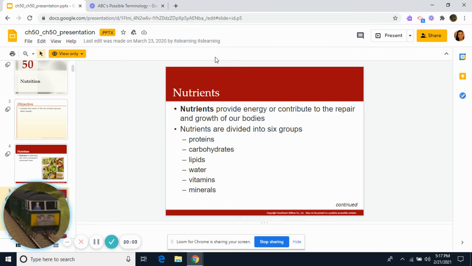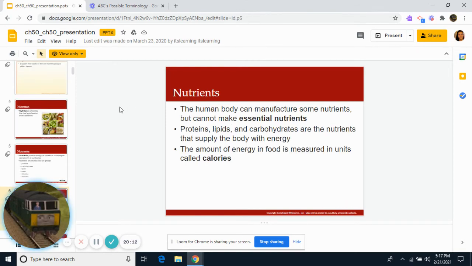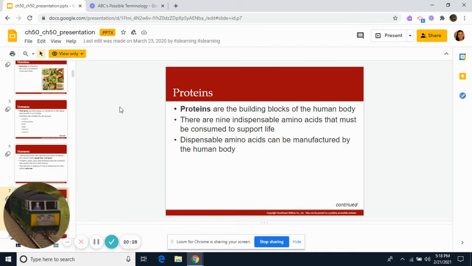Nutrients are divided into 6 groups: proteins, carbohydrates, lipids, water, vitamins, and minerals. The human body can manufacture some nutrients but cannot make essential nutrients. Proteins, lipids, and carbohydrates are the nutrients that supply the body with energy. The amount of energy in food is measured in units called calories.